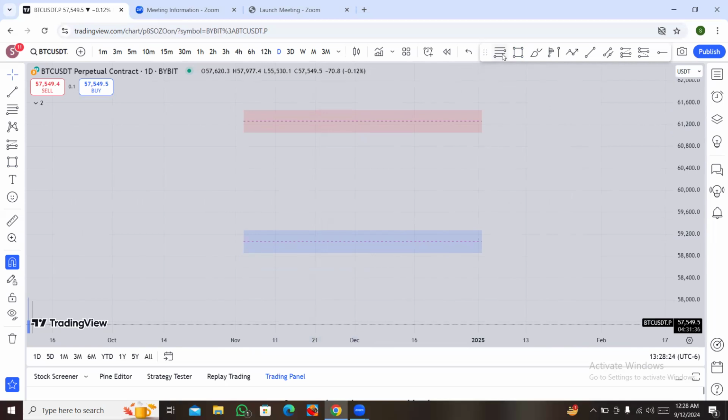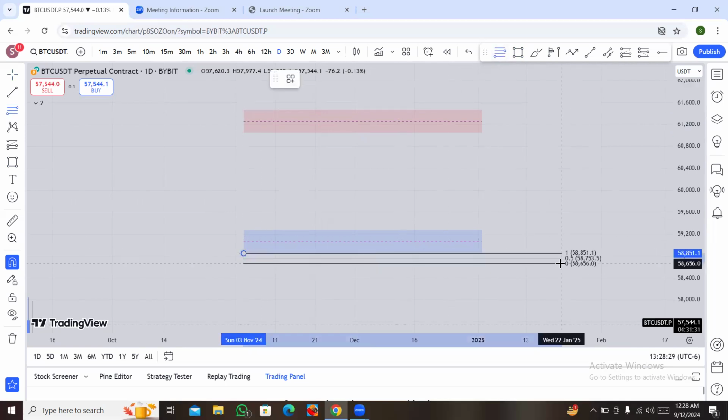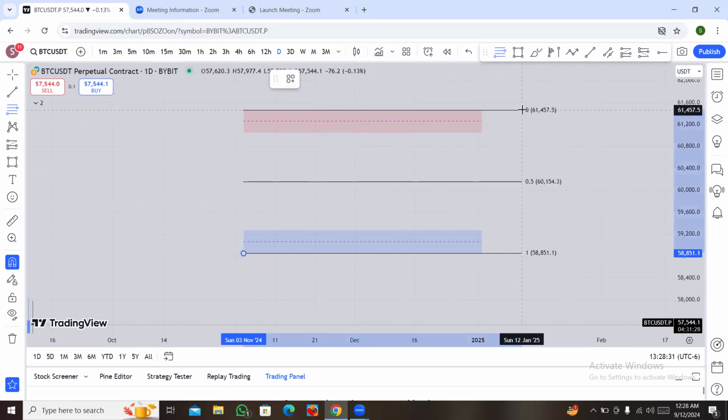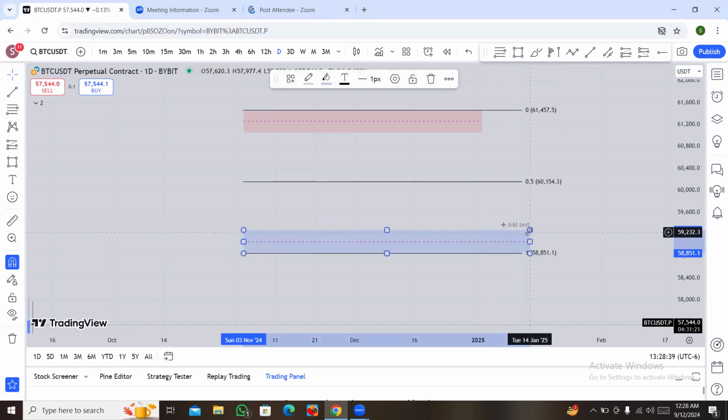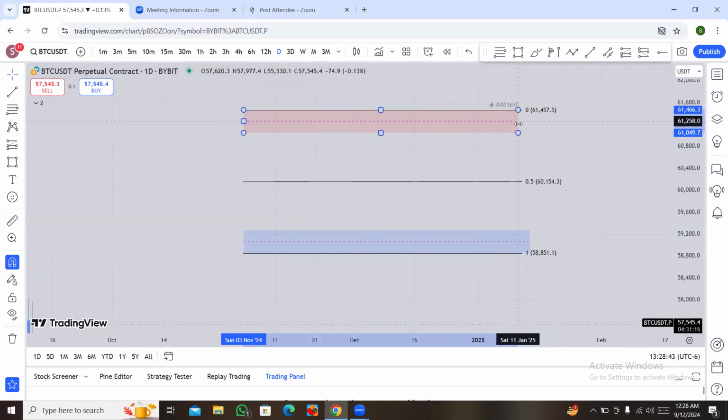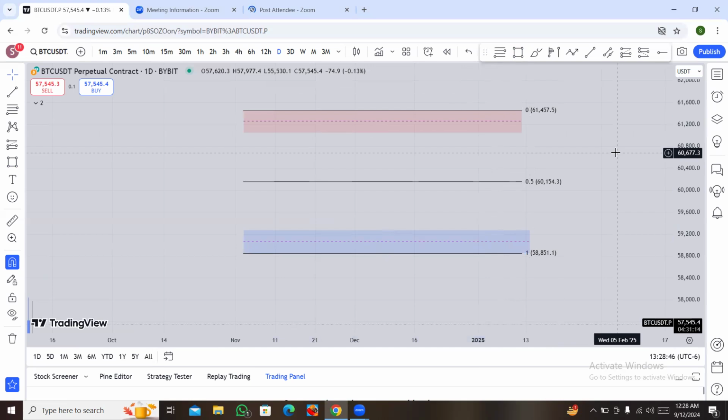So at the top of the resistance or at the bottom of the support, mark this whole region. That will be your simple range. At range low, this will be your support, in advanced terms you will call it the demand zone, and at range high, this will be your resistance, in advanced terms you will call it a supply zone. So this is how to mark a simple range.